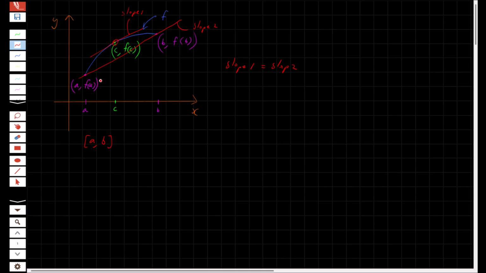Slope 1 is the first derivative of this function f at the point C, evaluated at that point C. So we can write it like this.